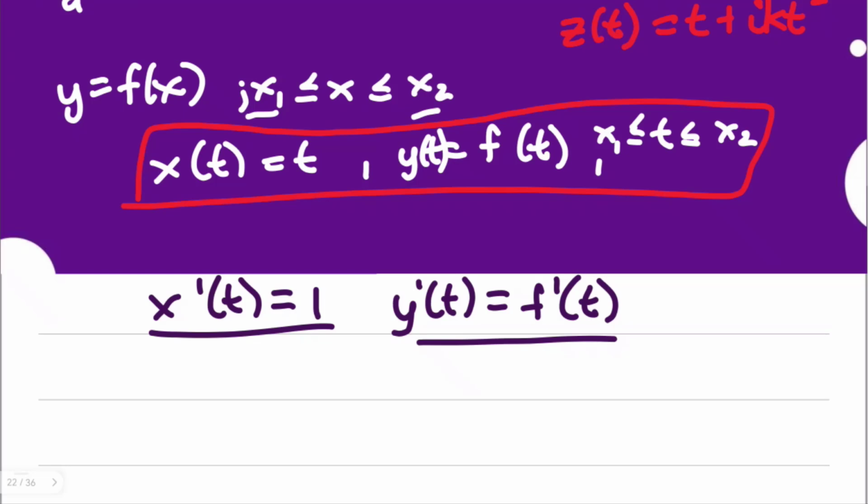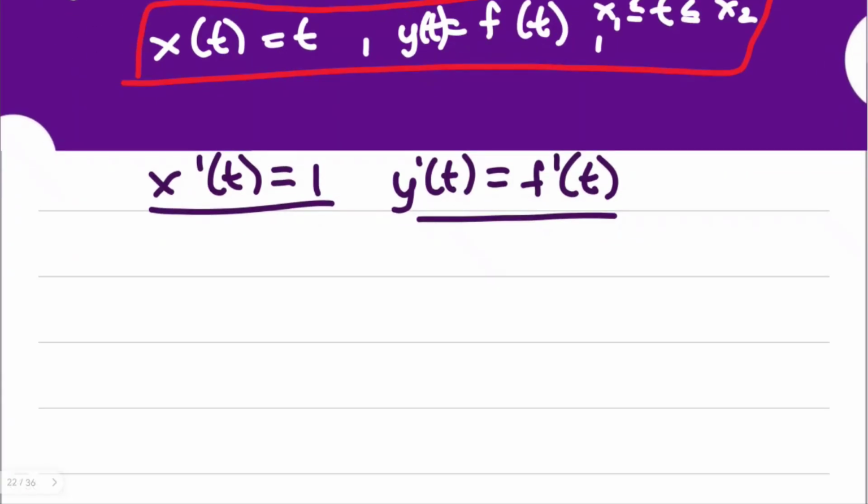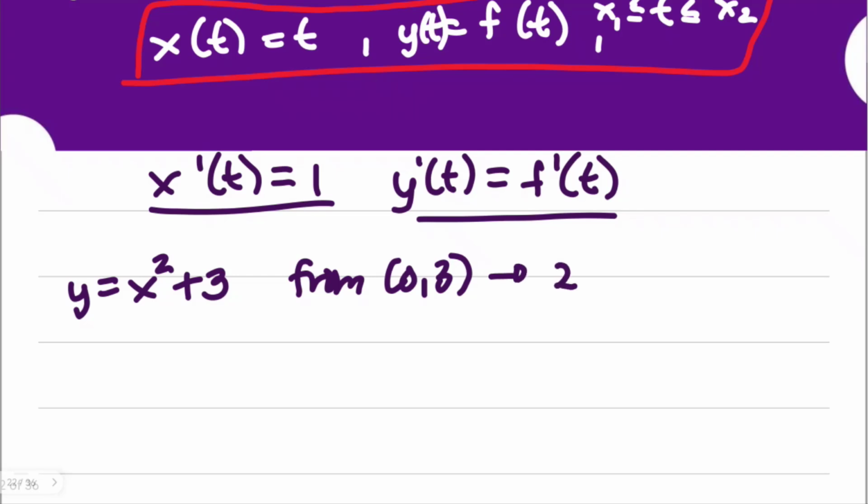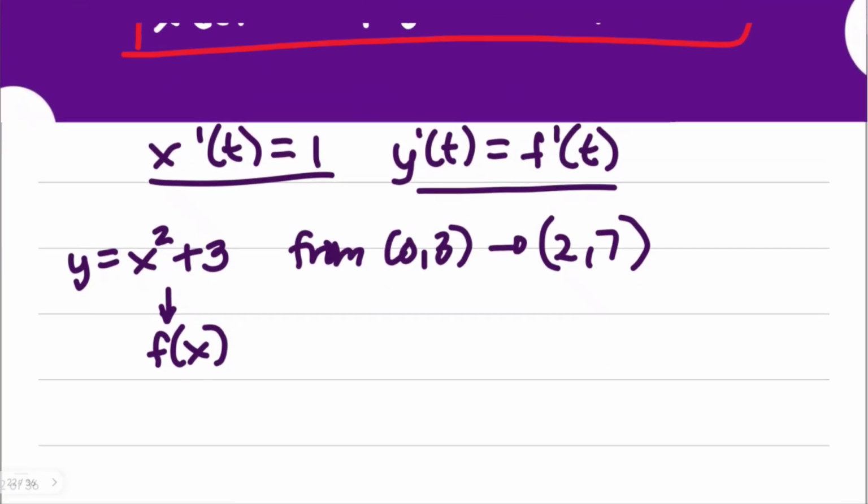But what if this is what is given? For example, you will have y is equal to x squared plus 3, and you have here from (0, 3) to (2, 7). First thing that we know here is that this is already your f of x, right? So the parameter for this is x of t, which is t.